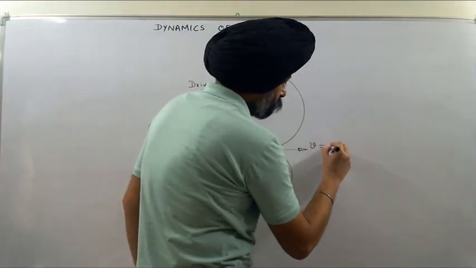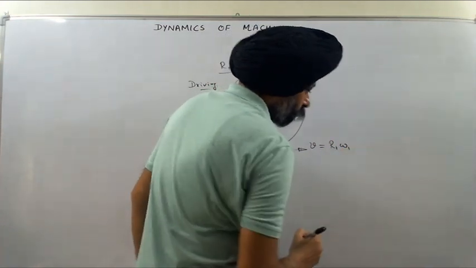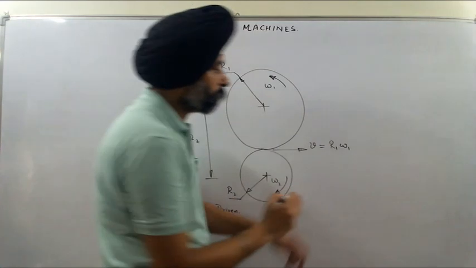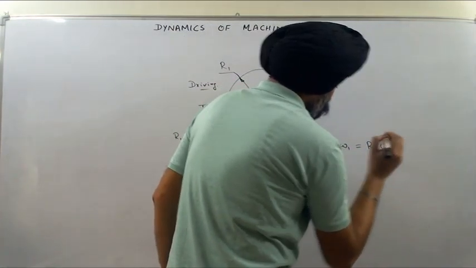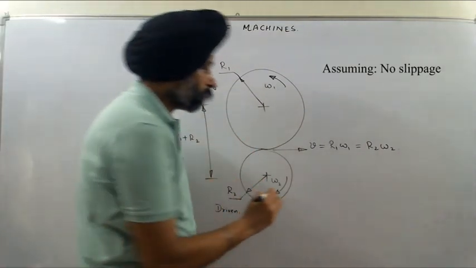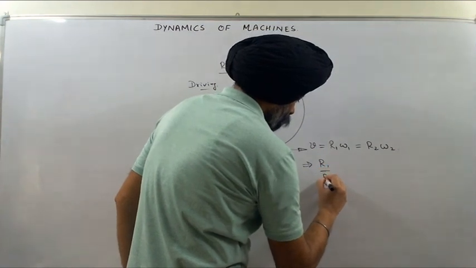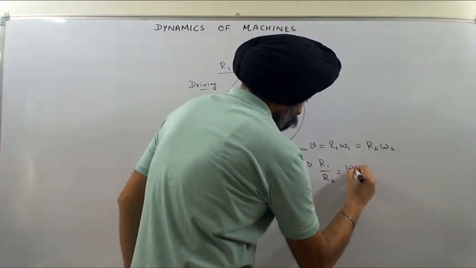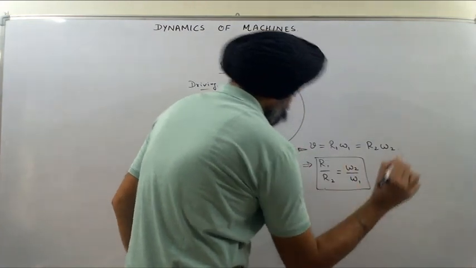So velocity is R1 omega 1, radius into angular velocity, and this would be equal to R2 omega 2 if there is no slippage. So this straight away tells us that R1 upon R2 will be equal to omega 2 by omega 1. This is the first expression that we get.